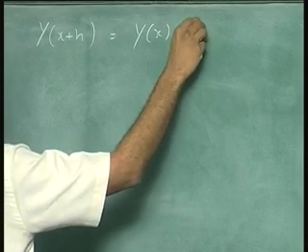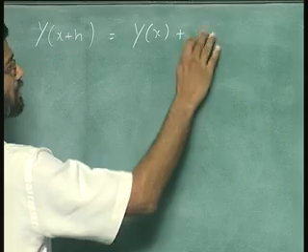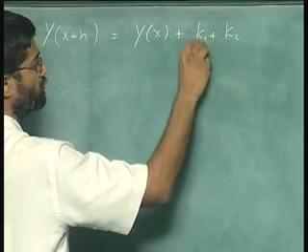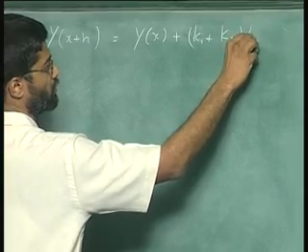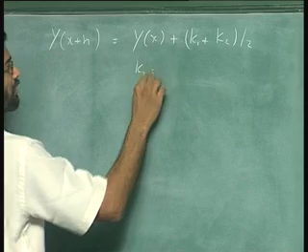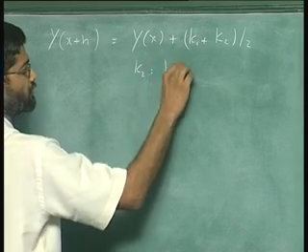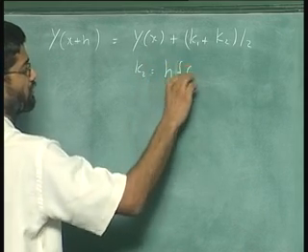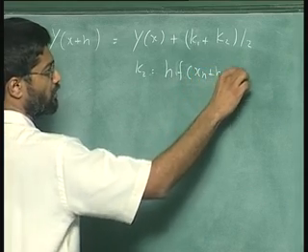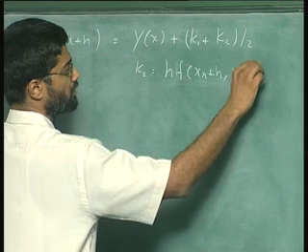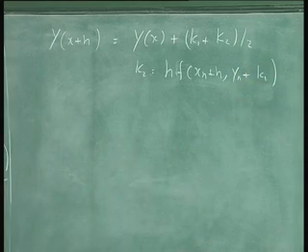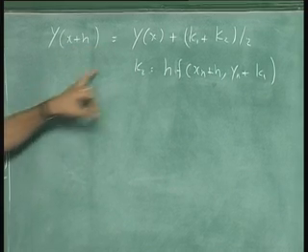So I would write this as k1 plus k2 by 2, where to determine k2 I would use h times f, the function value evaluated at xn plus h and yn plus k1. So this is the h I use, and I get x plus h from this scheme.